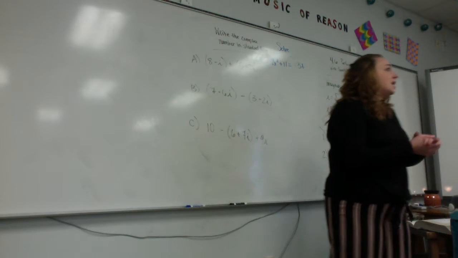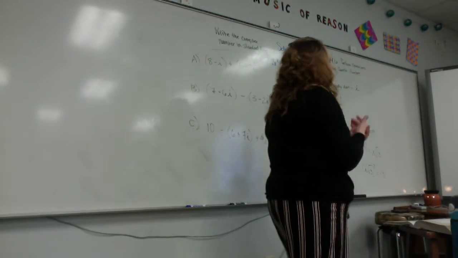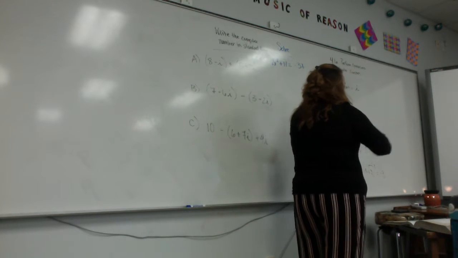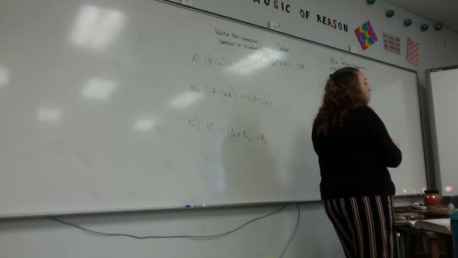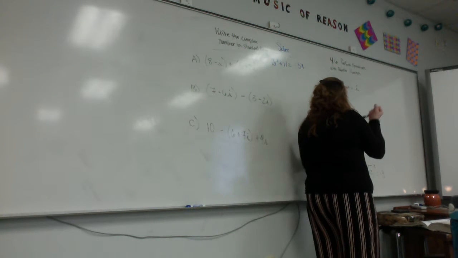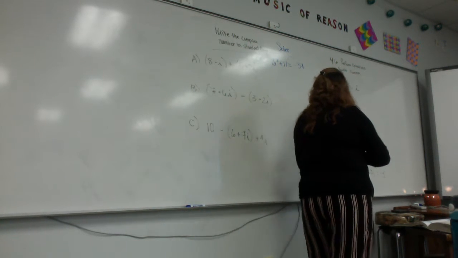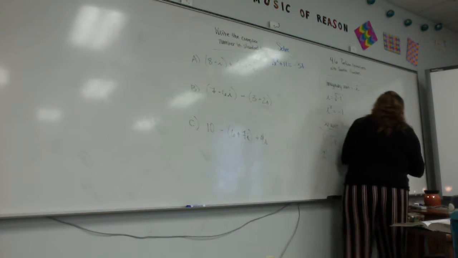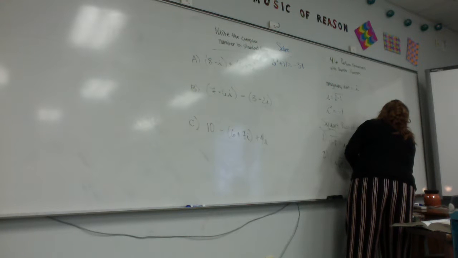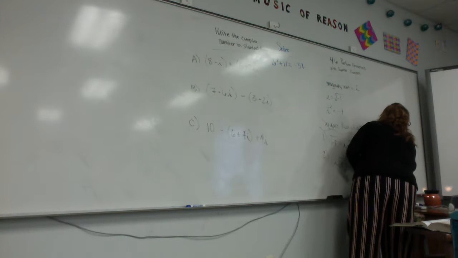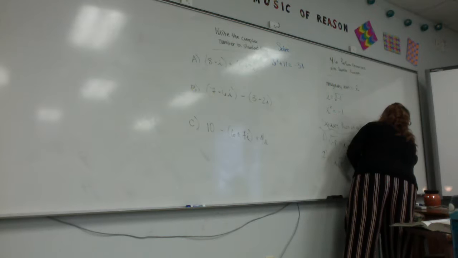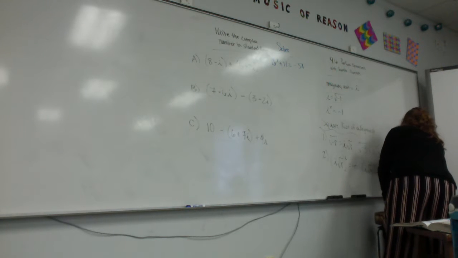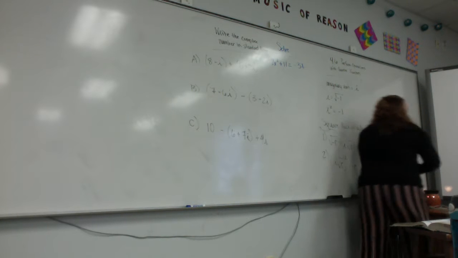If I had radical negative 4, I take the i out, which gives me i radical 4. What's the square root of 4? 2. So you would end up getting 2i as your solution.